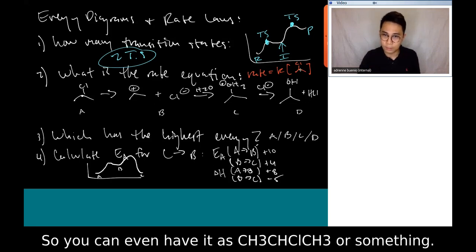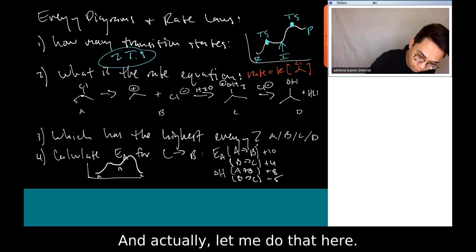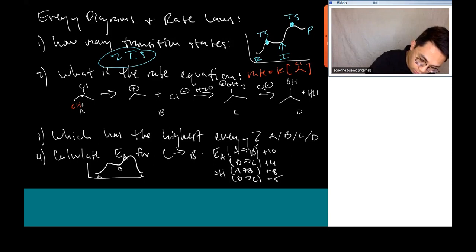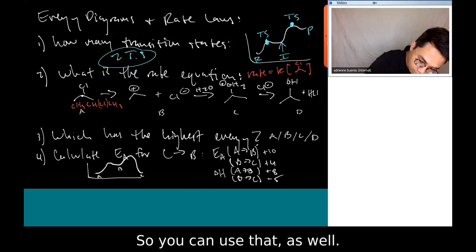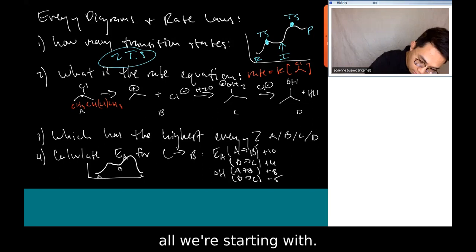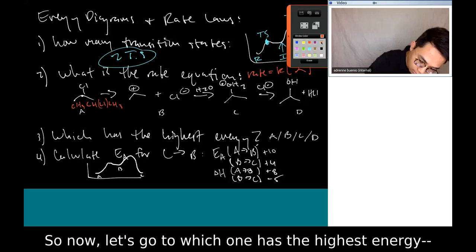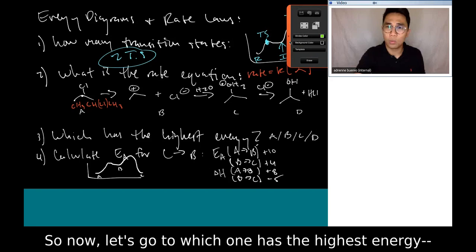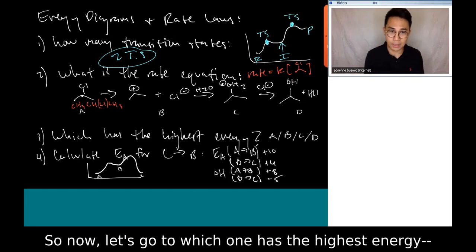You can even have it as CH3, CH, Cl, CH3 or something. So you can use that as well. That's it. You got this whole equation, but all we care about for the rate law is the reactants, because that's what we're starting with, right? So nothing too crazy.